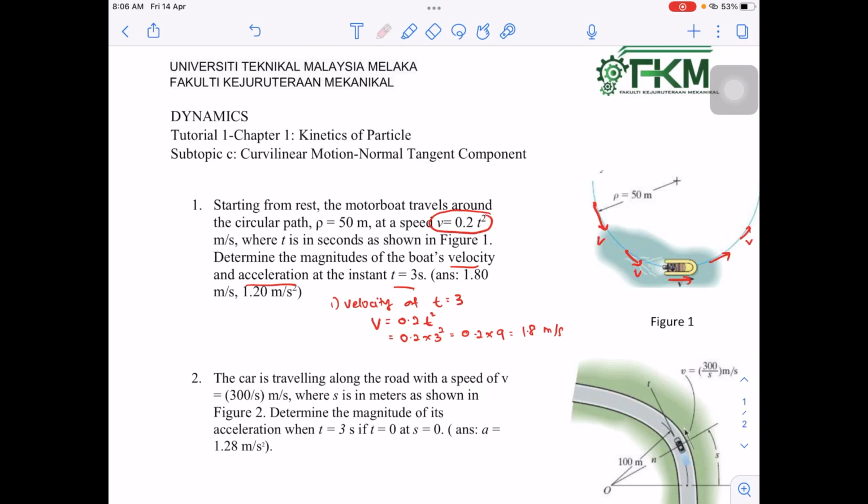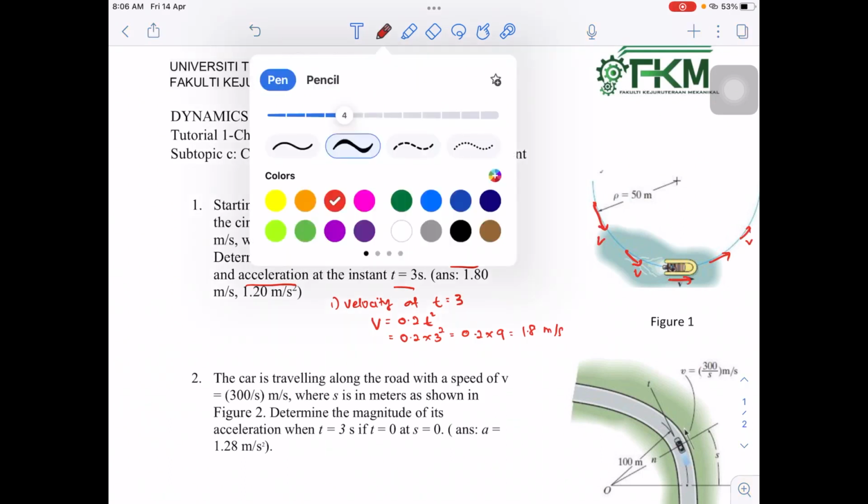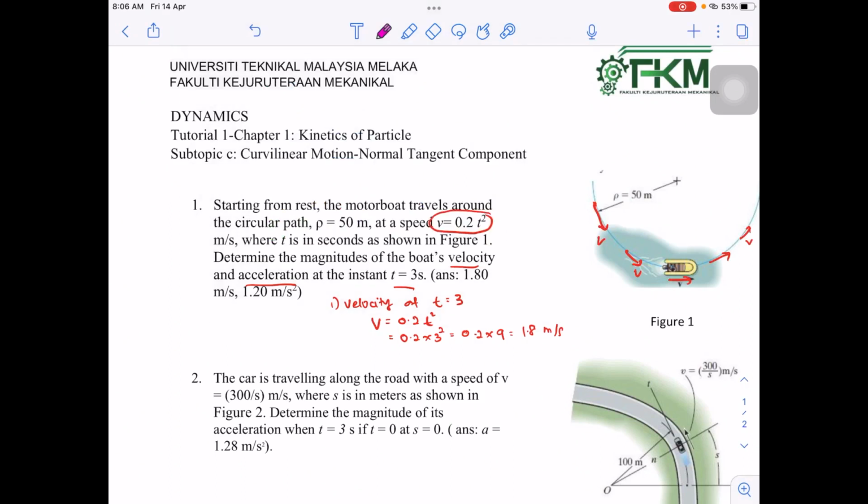For acceleration you have two components, normal and tangent. The normal component is directed towards the curve. So at this point you have an and at, and at this point you have an, at, and so on.